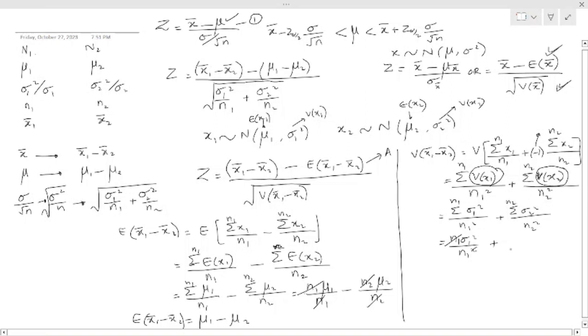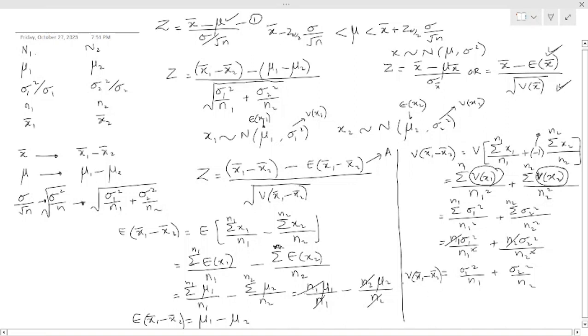The second term will be changed in the same way, because we can read this as sigma 2 square added n2 times, and this can be rewritten as this. And similarly, the square of the denominator will be cancelled out with the numerator factor, and we get sigma 1 square divided by n1 plus sigma 2 square divided by n2, and this is the answer to the variance of x1 bar minus x2 bar.